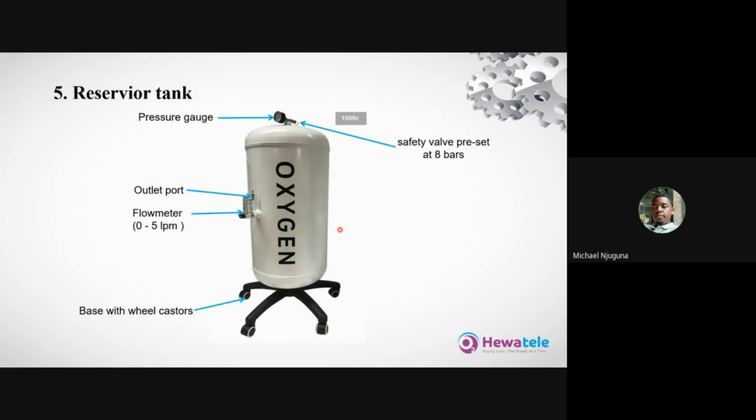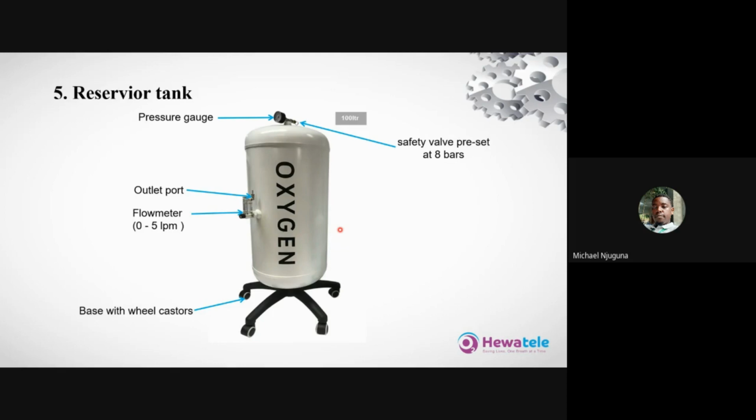So this is how our reservoir tank looks. And of course, this is a biomedical tank, LPR. You'll notice at the top, there is a pressure gauge, which enables the user to see how much pressure is inside the reservoir tank.